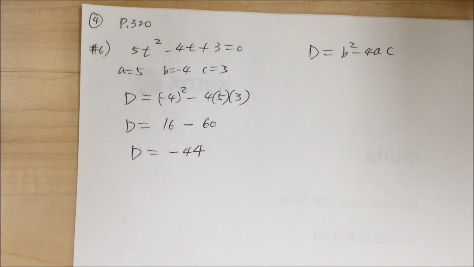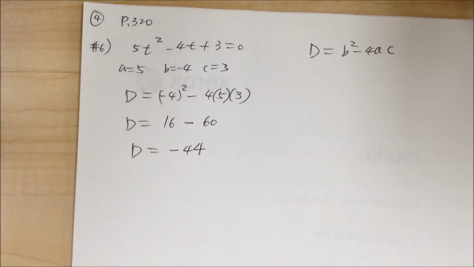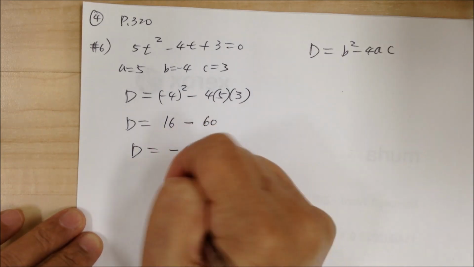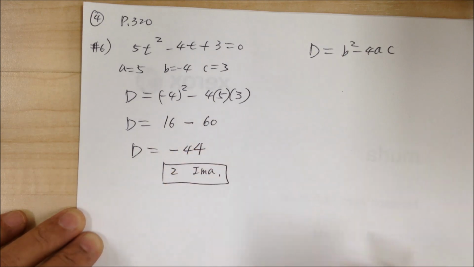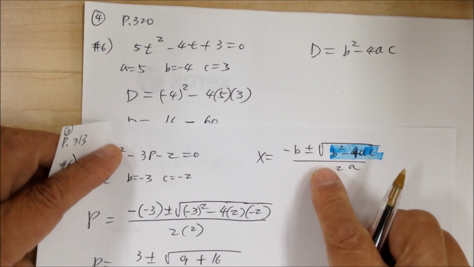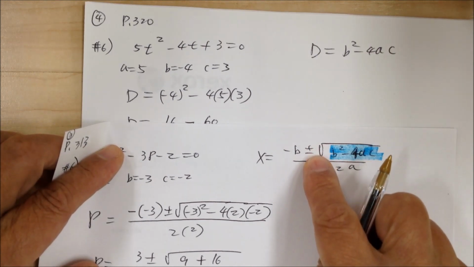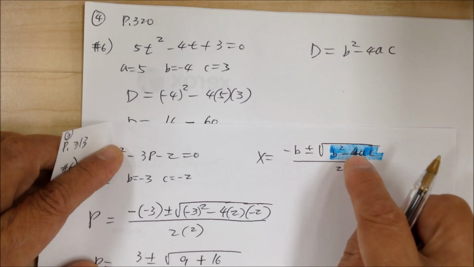Okay, so that means you're going to get negative 44 inside the square root. Okay, so therefore you're going to get 2 imaginary answers. And again, the reason you get 2 is because there's a plus and minus, right? See the plus minus, so that's why you get 2, one for the plus, one for the minus, and it's imaginary because you got a negative inside the square root.